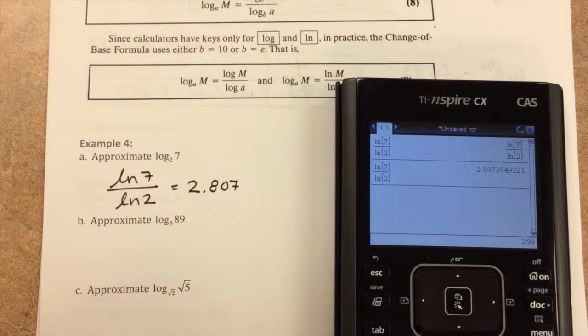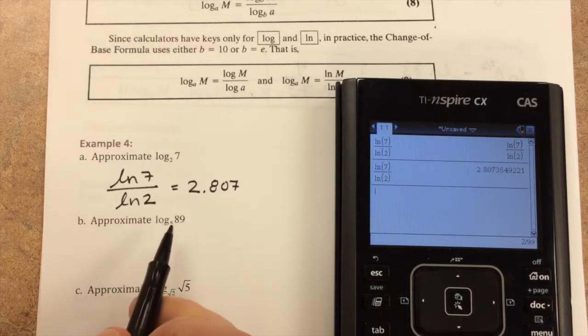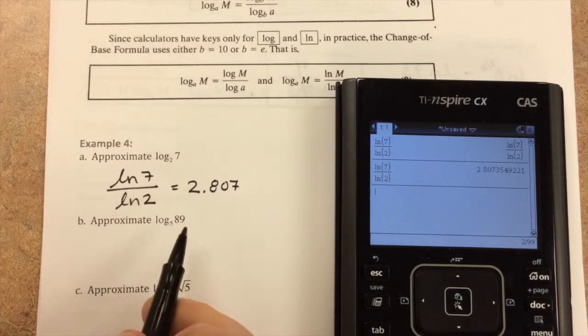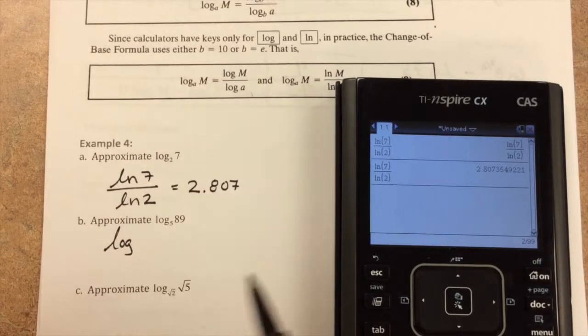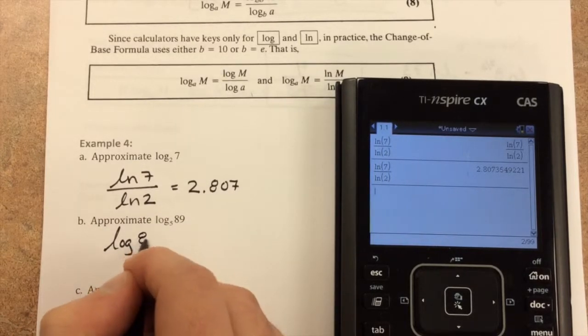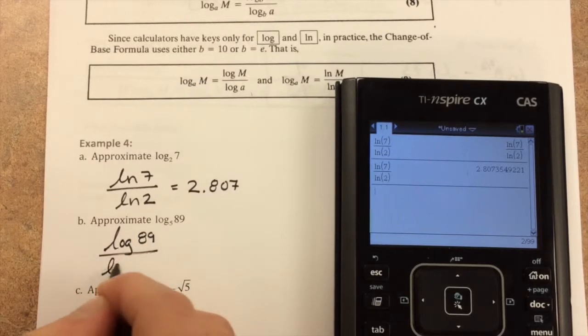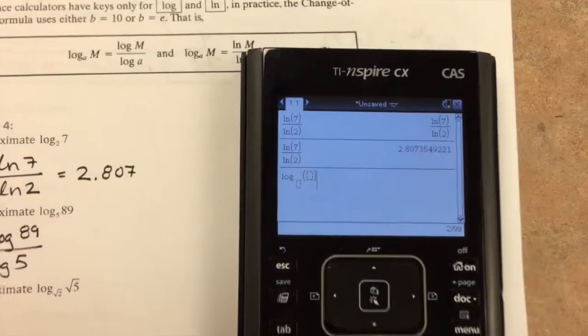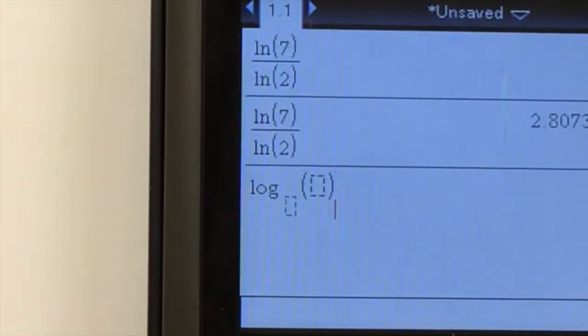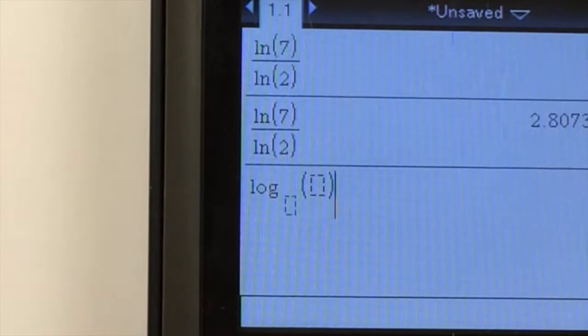2.807. Likewise, approximate log base 5 of 89. If we don't want ln, we can do log base 10 of 89 divided by log base 10 of 5. So I'll show you that we can do log base 10. And you see, when I used my calculator here, I just zoom in a little bit, you can see that I have a base that I can choose.